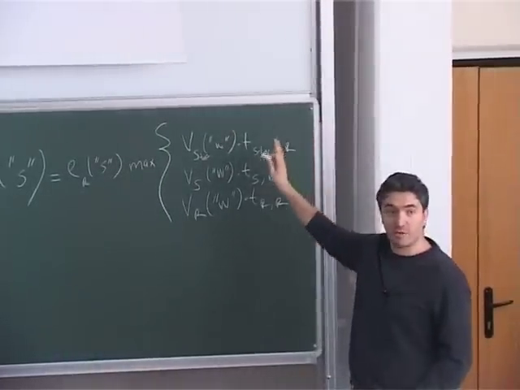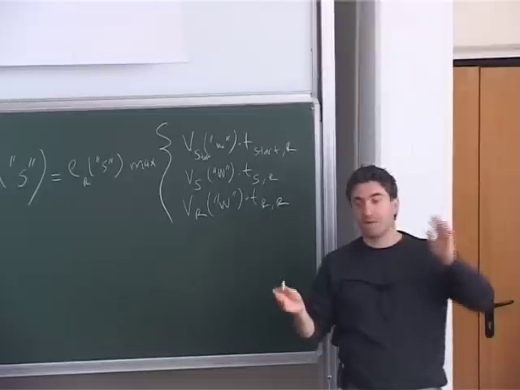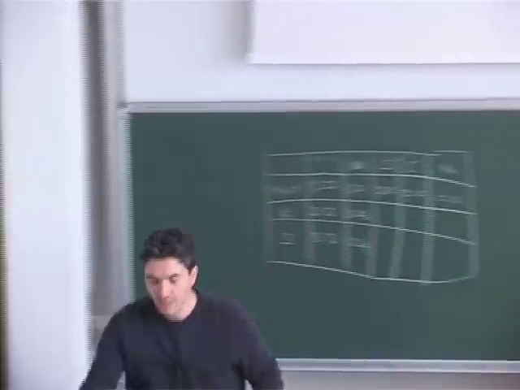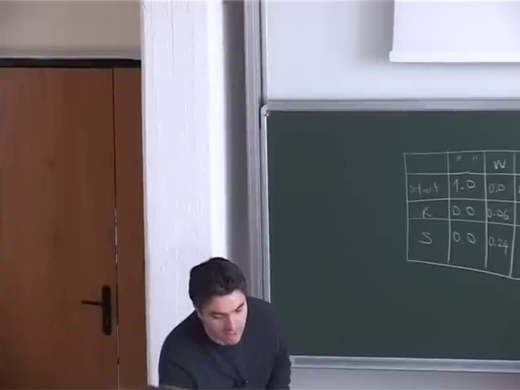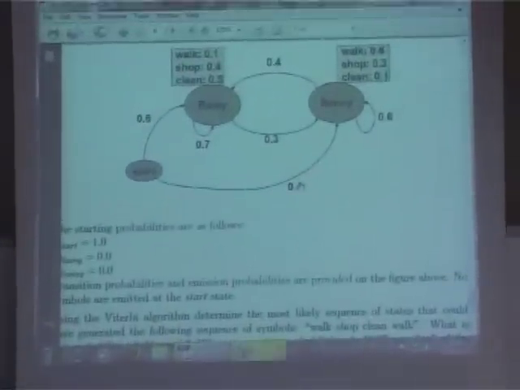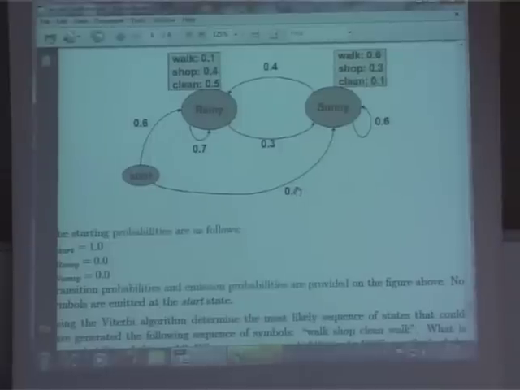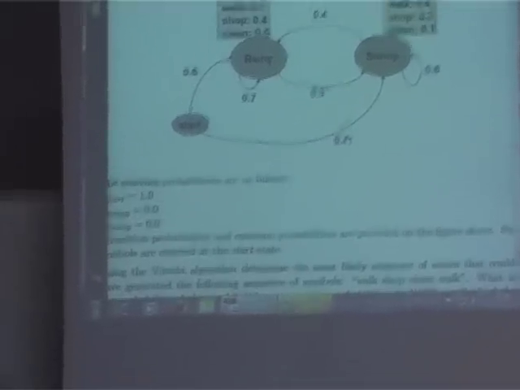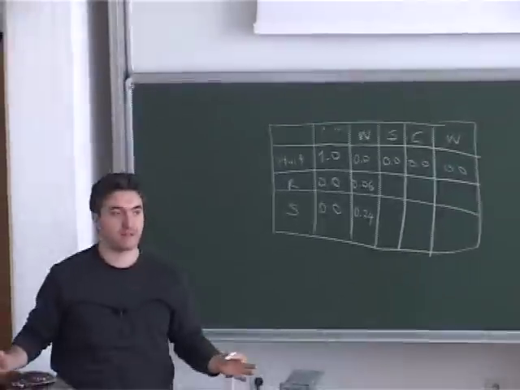Actually, there are some incoming arcs from the start state to the rainy and sunny states, but these arcs can only be used when we are at start state at this empty symbol. There is no going back to the start state, so we will never visit start state again.